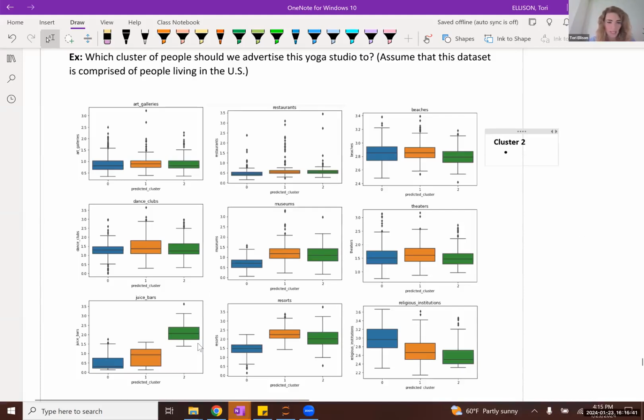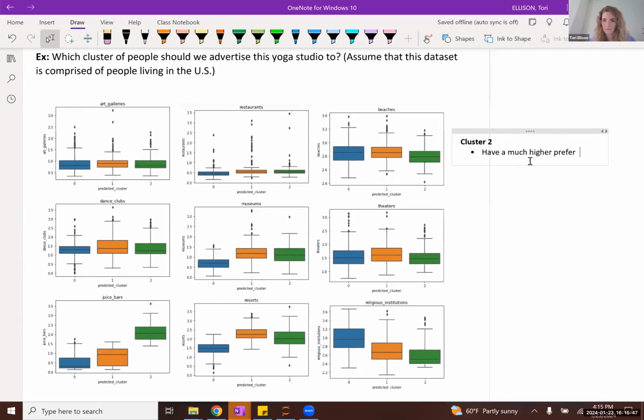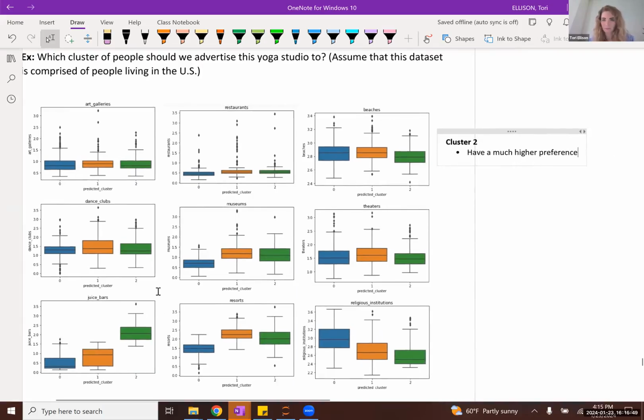It looks like the people in cluster 2 have a much higher preference for establishments such as juice bars, and lower preferences for, let's just say, religious institutions.